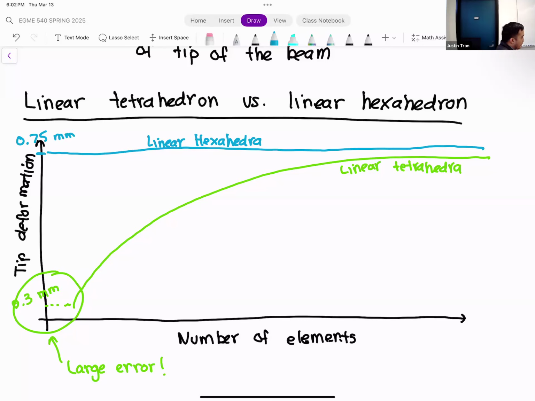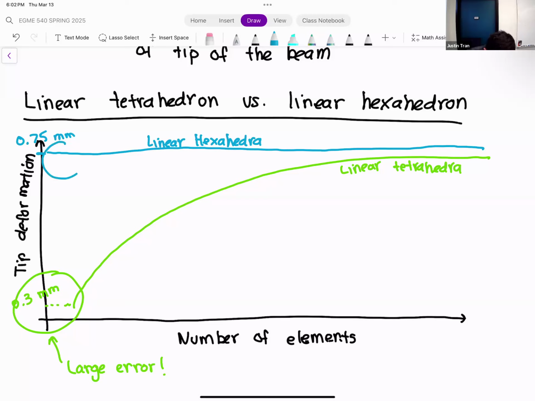Okay, so if you look at this graph right here, it looks like the linear hexahedra converge right away. That's not true. There is a little bit of convergence behavior going on. It's just that the linear tetrahedra started out from such a poor spot. When you graph these together, it looks like the hexahedra is just so much better.